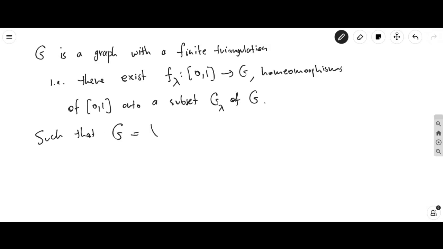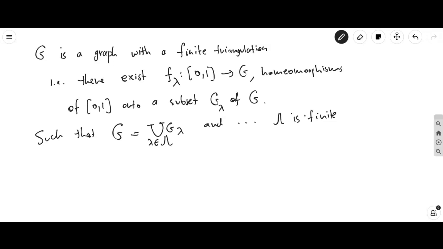Such that G is the union of all of its edges, and the additional properties are satisfied. Namely, if two edges intersect, then it's either empty or they intersect in a common endpoint. And let's just assume that this index set lambda is finite.